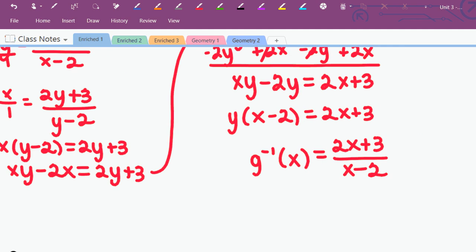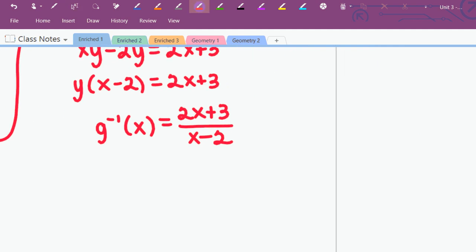By the way, what would our domain of g inverse then be? Take a look at what's there. What would our g inverse domain be as an interval? Similar to the one from before. Yeah?